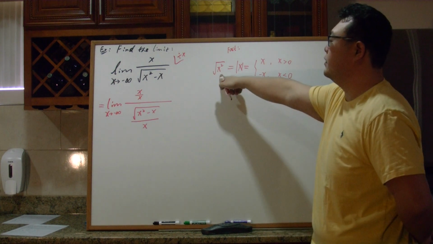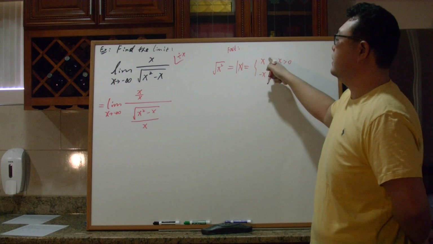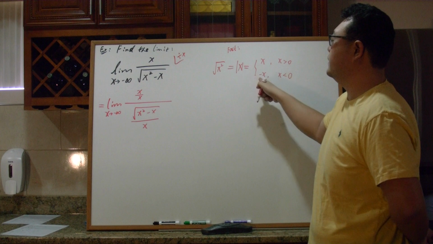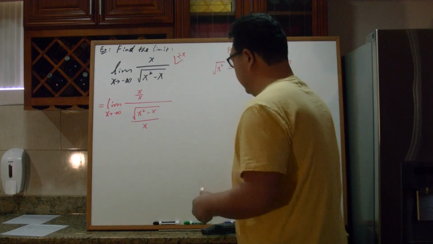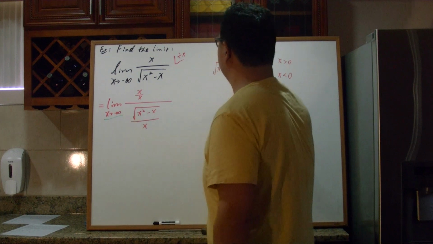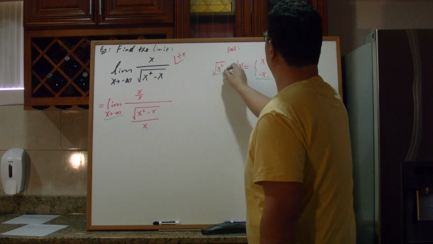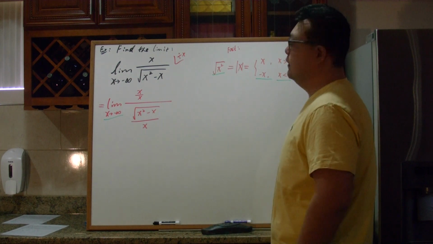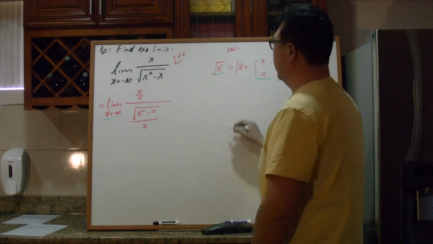The radical of x squared is the absolute value of x, which is x if x is positive and negative x when x is negative. So we use the fact that, given our x is negative in our case, we can relate x to the radical x squared.